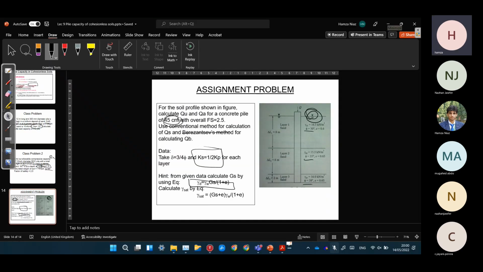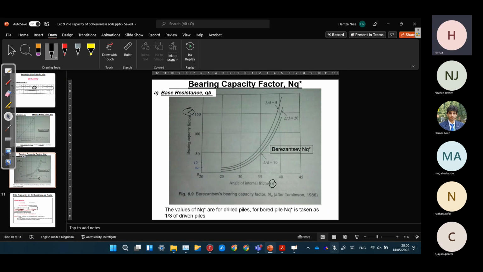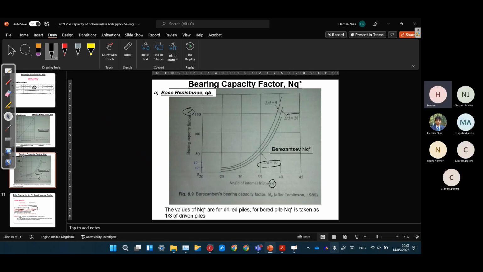If we move to this chart, we are given the L by D ratio for 70 and the L by D ratio for 20. So 35 lies almost in between these two, so we can interpolate a curve between them. Simply draw a curve between these two, where the 38 value would be.